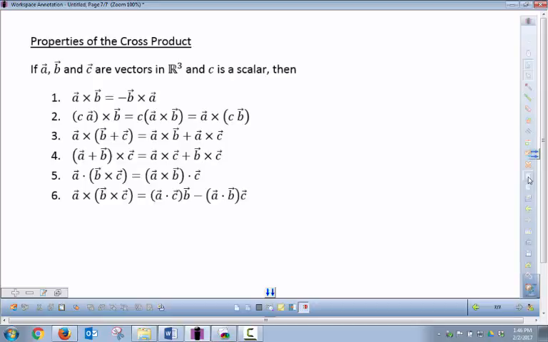In 2 dimensions, you got 2 vectors that can span a parallelogram. In 3 dimensions, 3 vectors can span this 3-dimensional slanted cube kind of object. And so that turns out to be what's called a parallelepiped.